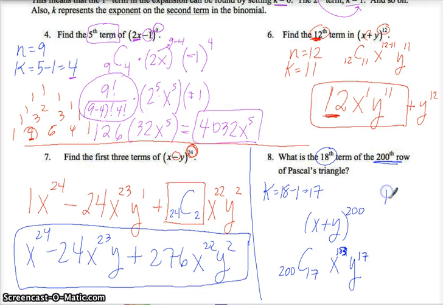So it's 1.83 times 10 to the 24th power, x to the 183rd power, y to the 17th, I think is what I get. 18th term of the 200th row, so it's a little bit crazy, but that is the coefficient, and here are the two terms. Probably won't give you something quite that crazy, but it is just trying to reinforce those formulas and how to find a specific term given a binomial taken to a certain power.